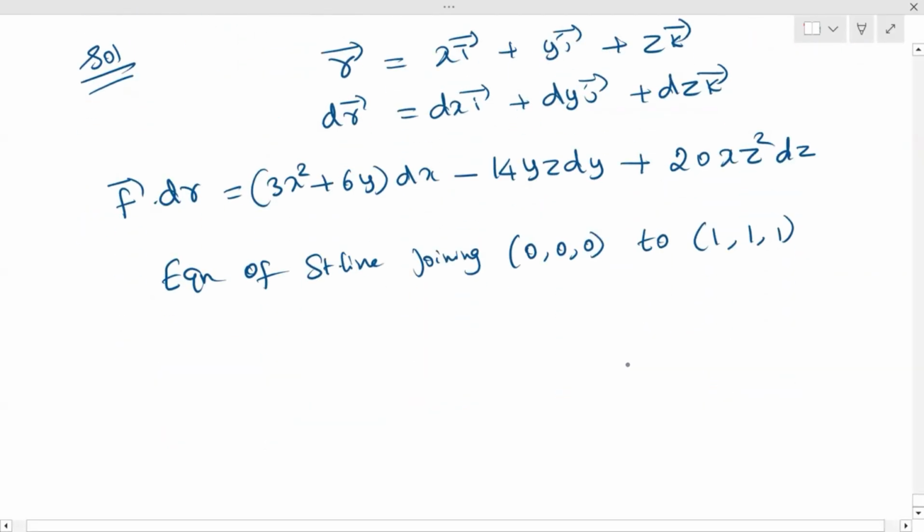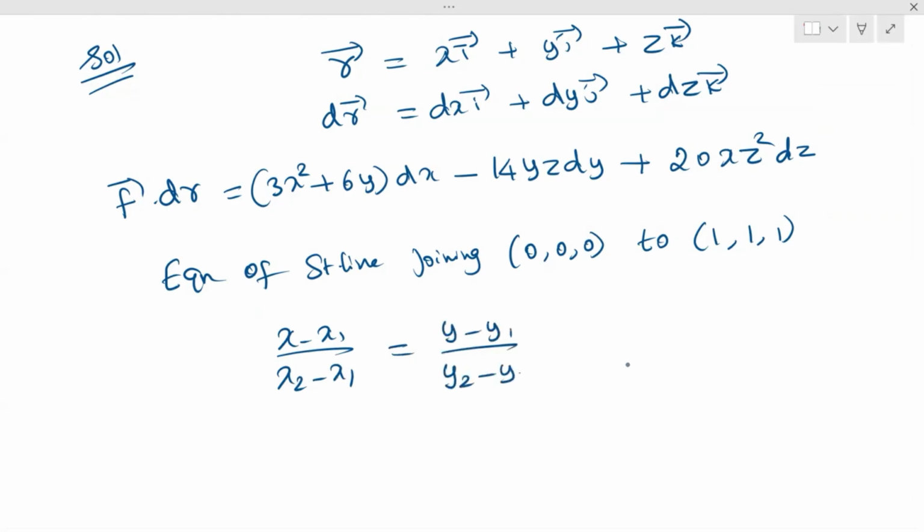By using the formula, what is the formula? (x minus x1) by (x2 minus x1) is equal to (y minus y1) by (y2 minus y1) equal to (z minus z1) by (z2 minus z1). Here this is x1, y1, z1 and this is x2, y2, z2.